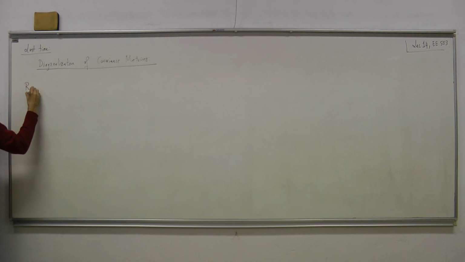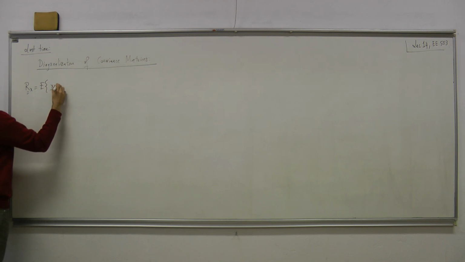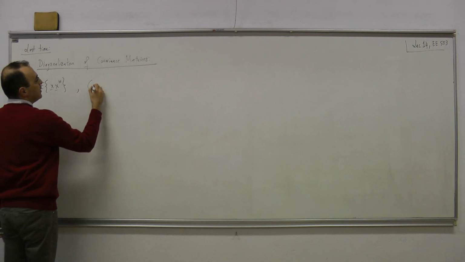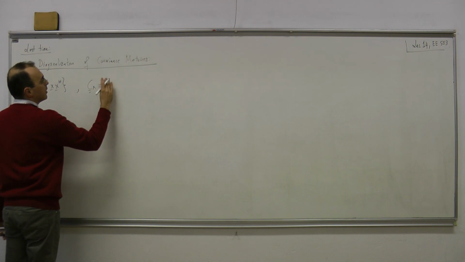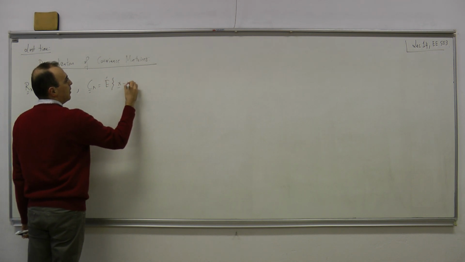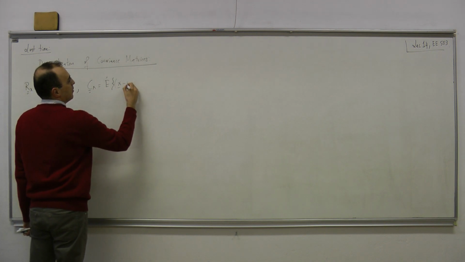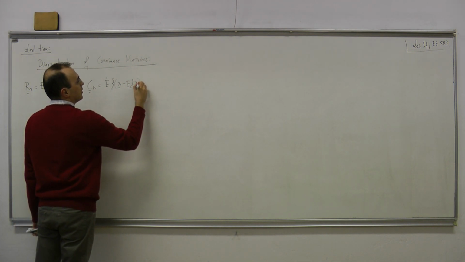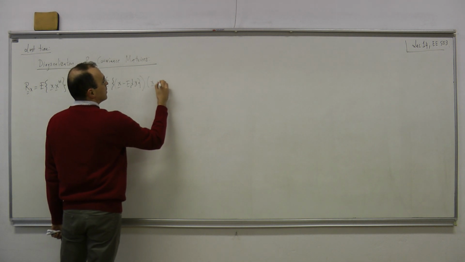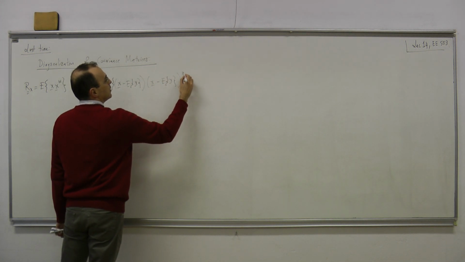Rx is the autocorrelation matrix. Cx is the covariance matrix. And this one is X minus X bar, or the mean value of X vector, X minus the expected value of this.